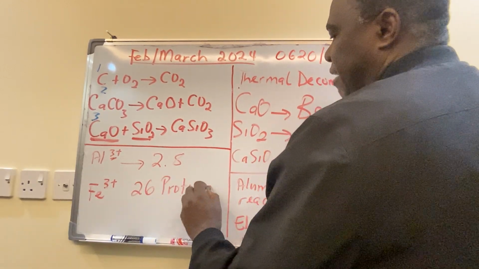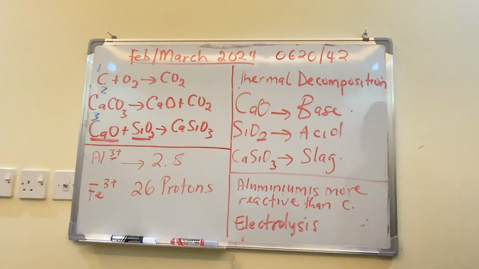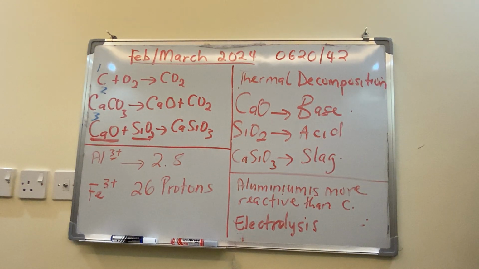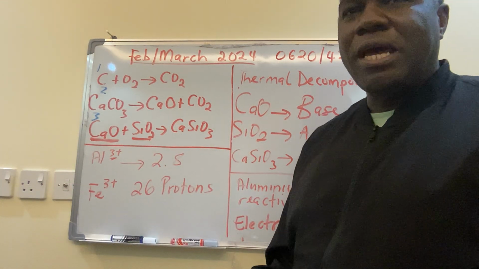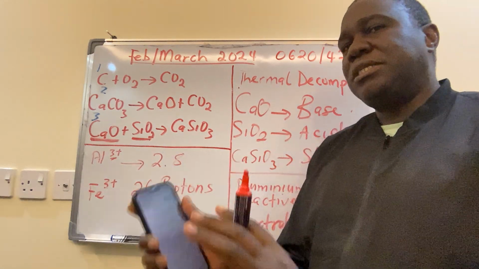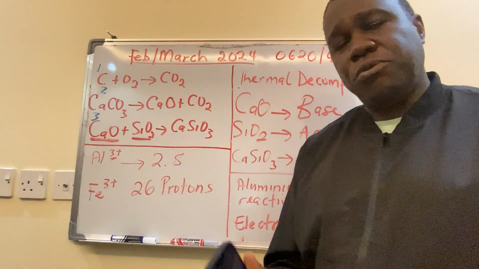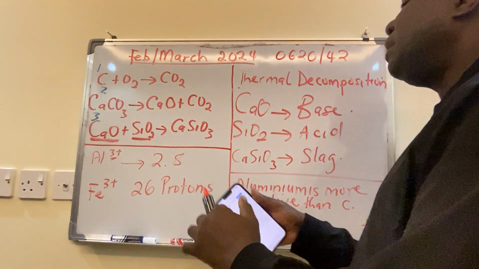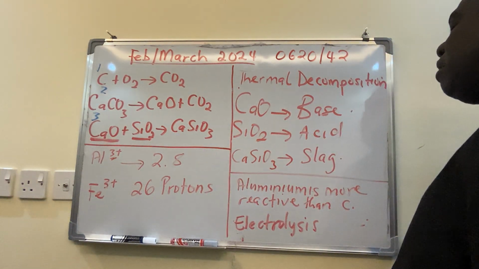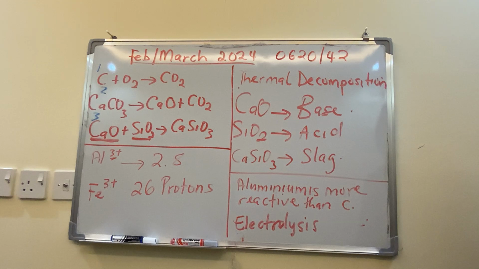Remember, protons are found in the nucleus, they don't participate in chemical reactions. So proton number remains constant, irrespective of the fact that we are gaining electrons or we are losing electrons. Protons participate if we are talking of nuclear physics, because they are found in the nucleus. But chemical reactions are governed by movement of electrons in most cases.